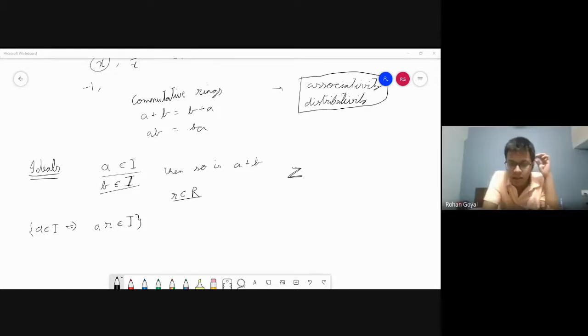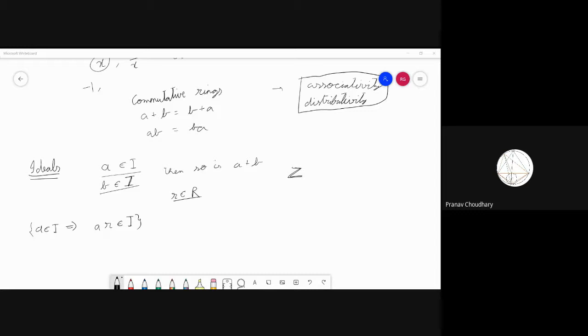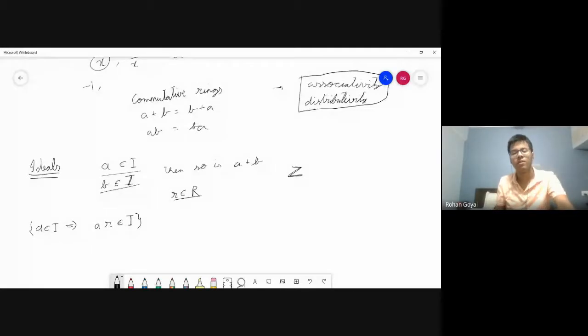Okay, can anyone else say something? An example of an ideal? Even numbers is an ideal of the integers. Perfect. In fact, for any integer m, mZ is an ideal for any integer m.